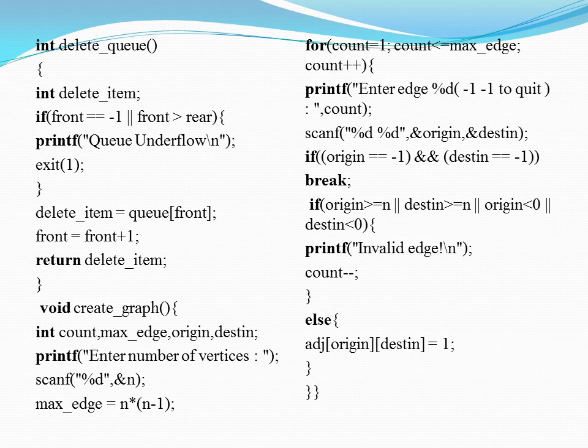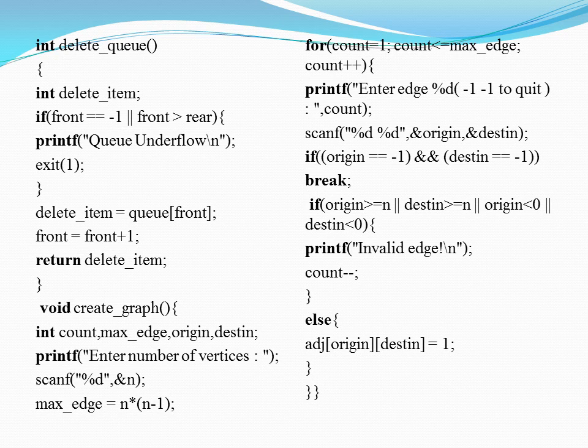The next is create graph. In the create graph method, first we are getting the number of vertices and setting the max edges. Using a for loop, we are getting the edge list. If we are giving origin equal to minus 1 and destination equal to minus 1, it means the number of edges is over.